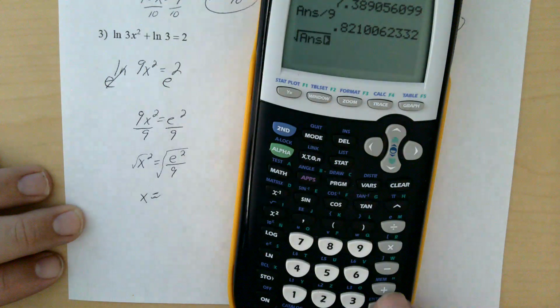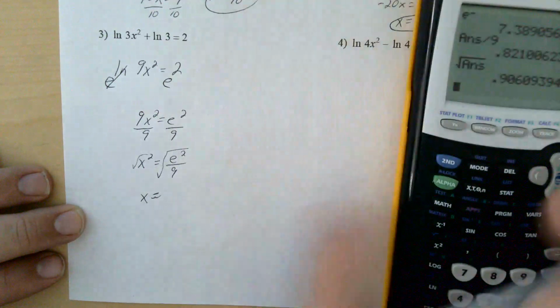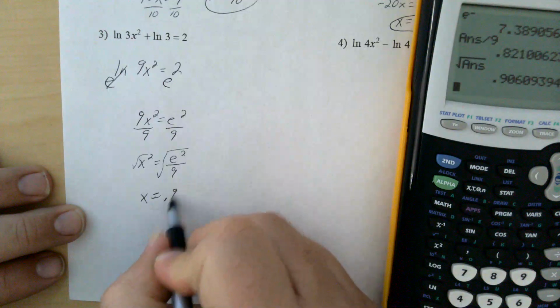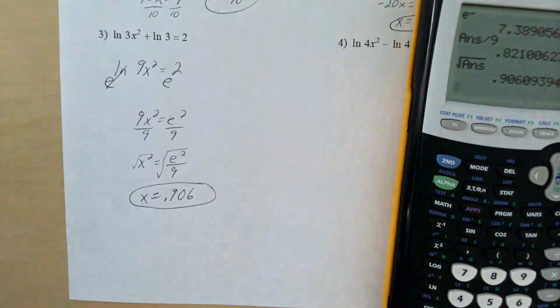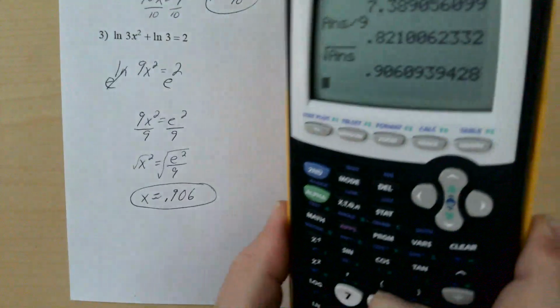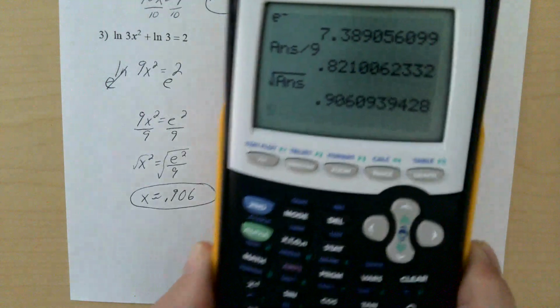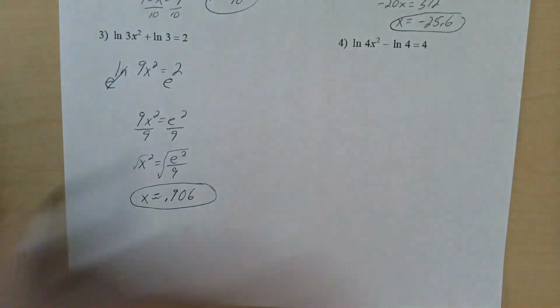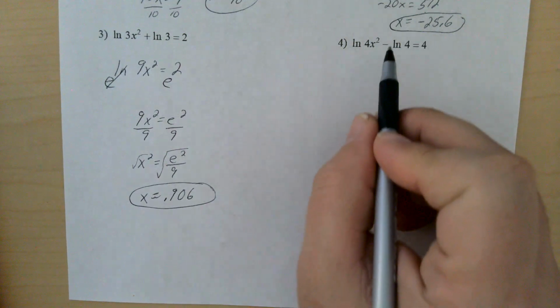So the square root of e squared divided by 9 is about 0.906. If it's an ugly decimal, try to round to 3 decimal places. So 0.906.